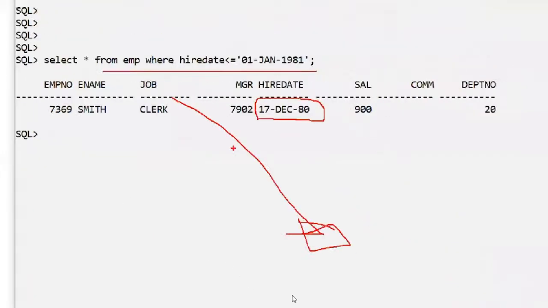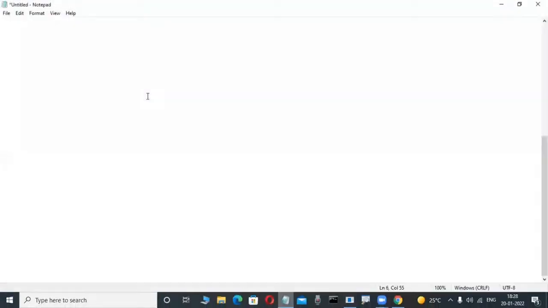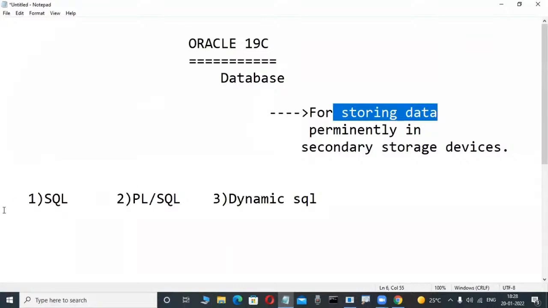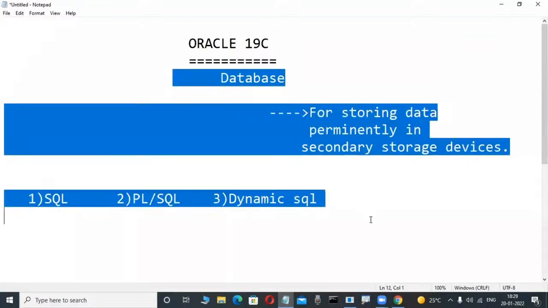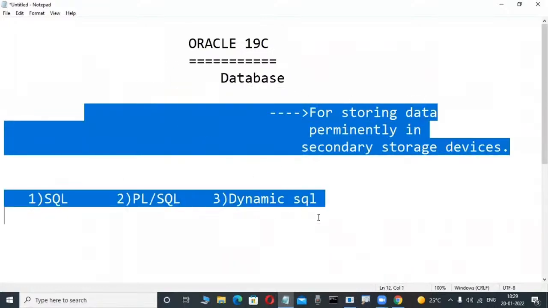That's why this efficient way of data retrieval is most powerful, and it is possible only through these databases and these languages.